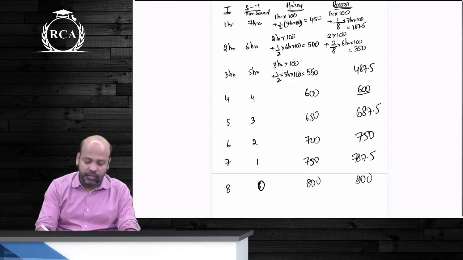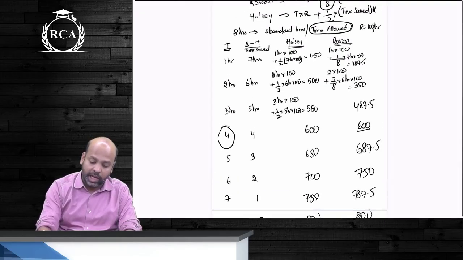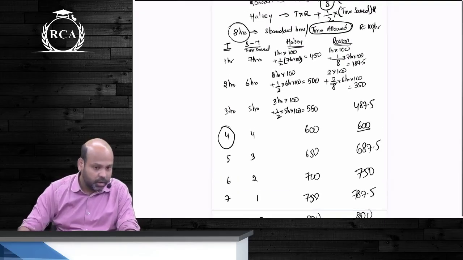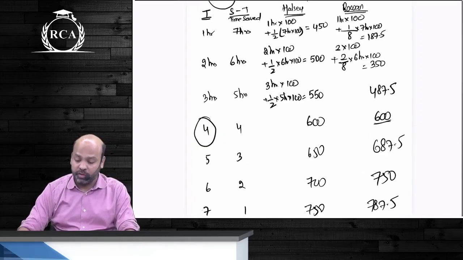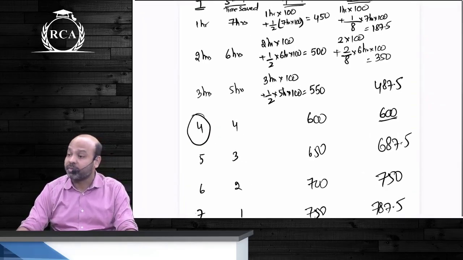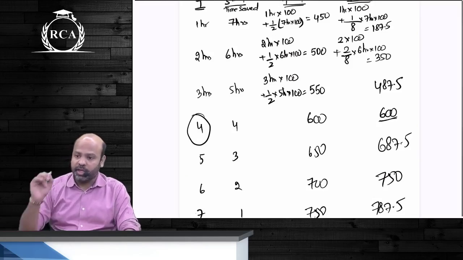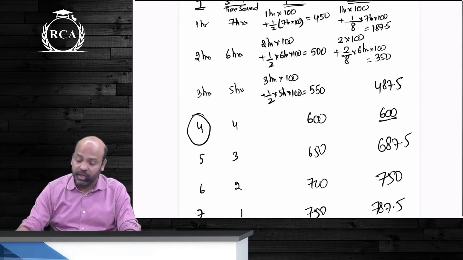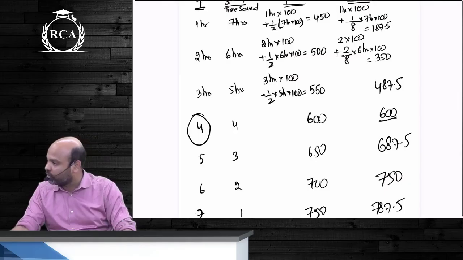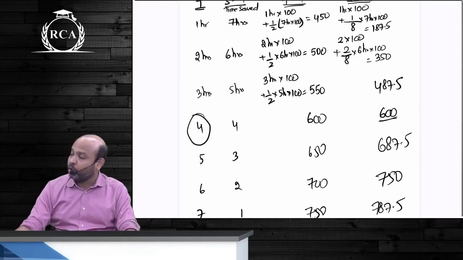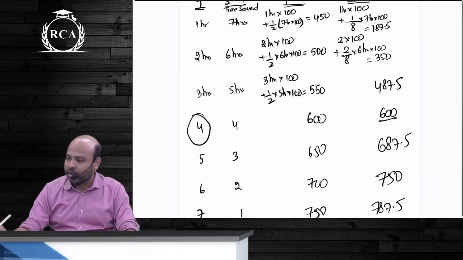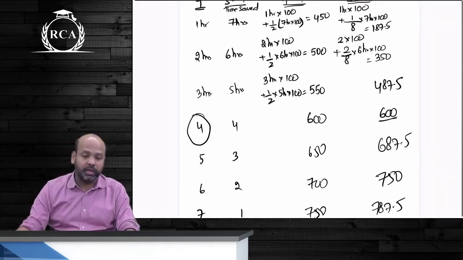If an employee is finishing a task, guys, in half of what is allowed, then the percentage of bonus under both the schemes will become 50%. Under Halsey, the percentage of bonus is always 50%. Under Rowan, guys, T by S will become 50% if an employee is taking half of what has been allowed. If an employee takes less than half of what is allowed, Halsey will result in a higher amount of wage.